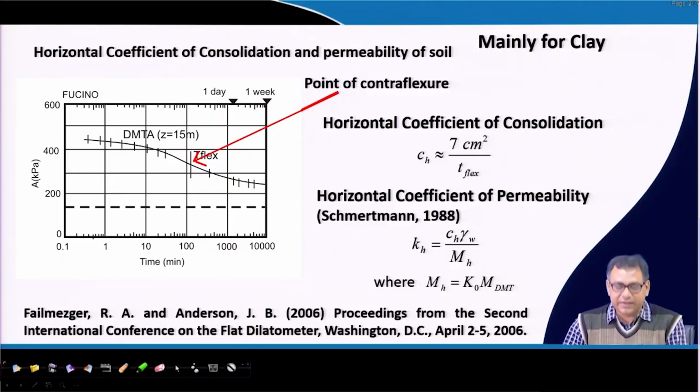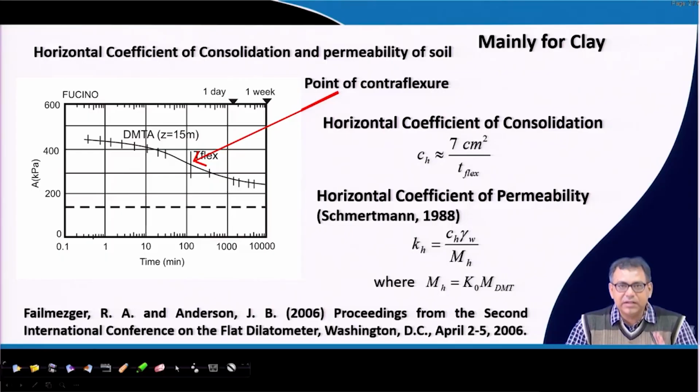Now, what is T flex? As I mentioned, during this test we are taking two readings, one is your A reading, another is your B reading. A reading will give you P0 and B reading will give you P1. So, here we will go for the A reading only. This is the pressure that you will give during the A reading. So, that A reading we will take, and the B reading we will not take.